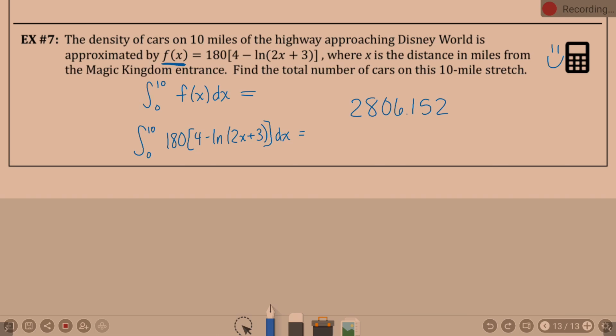And officially, what is that? 2,806 and 1,152 thousandths cars. Officially, I'm leaving it as 3 decimal places because it is AP. Although unofficially, we are talking about cars, and so you might consider a whole number answer.